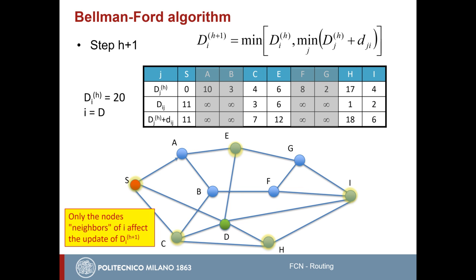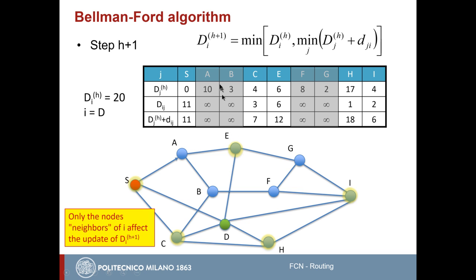We can notice a particular feature of this updating process: all the nodes that are not connected directly with node I, which we are taking into consideration, will have Dij by definition equal to infinite. So they will never have an impact on the final decision because, of course, infinite is larger than all the numbers.